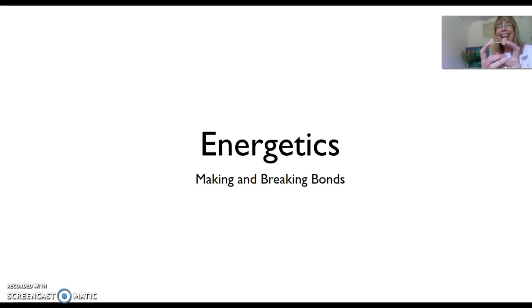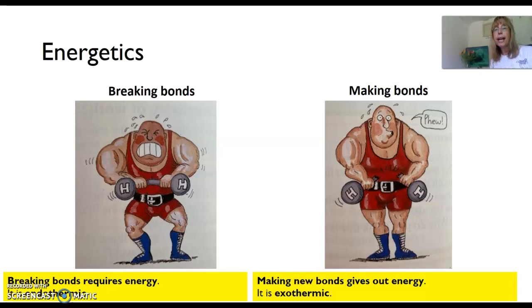Now, before a reaction can even occur, we've got to separate these two hydrogen atoms. And in order to do that, I've got to put in energy in order to break it apart. That's the bit that I want you to remember. So breaking bonds involves putting in energy to break that apart, and we therefore describe that as being endothermic, taking in energy.